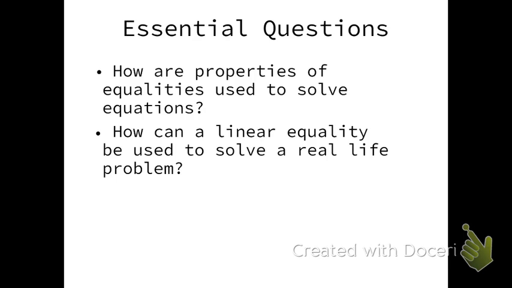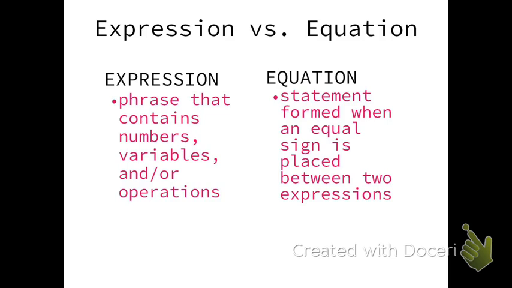And here are our essential questions. We're going to be figuring out how do we use properties of equalities and algebraic properties to solve equations, and also how do we relate these to real-world problems. And before we get started, just a couple of definitions. You want to make sure you know the difference between an expression and an equation. So they're pretty similar. An equation is made up of expressions.